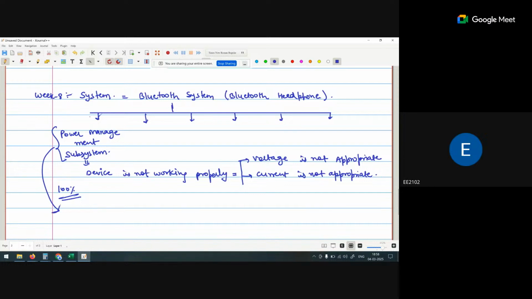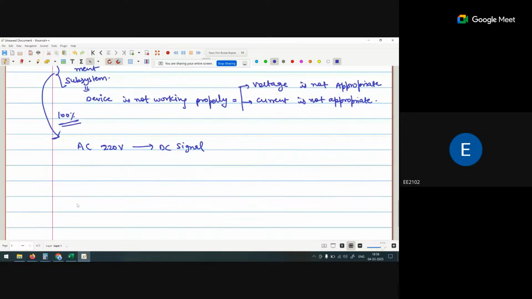This power management subsystem converts your AC 220 volts into a DC signal. Then the DC signal is converted into a pure DC signal.